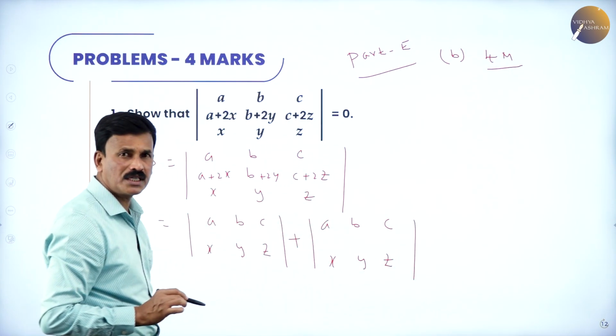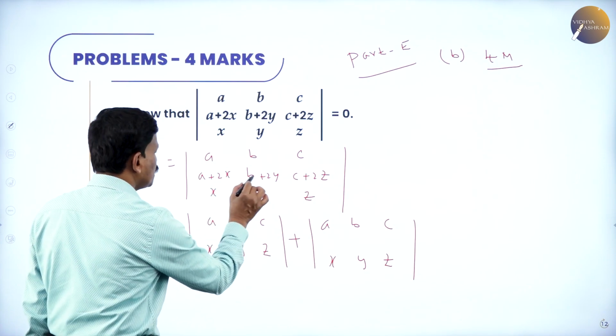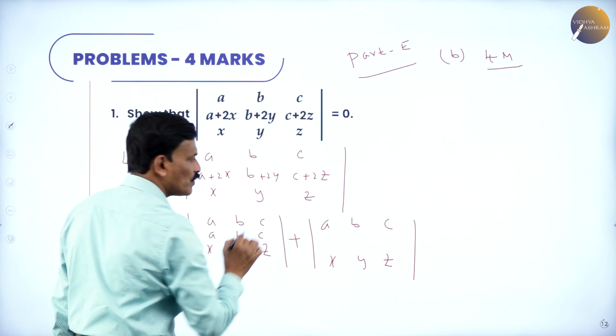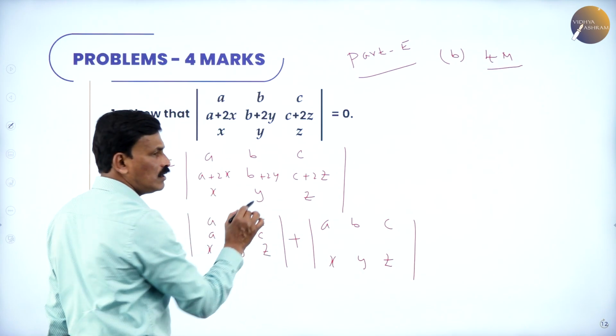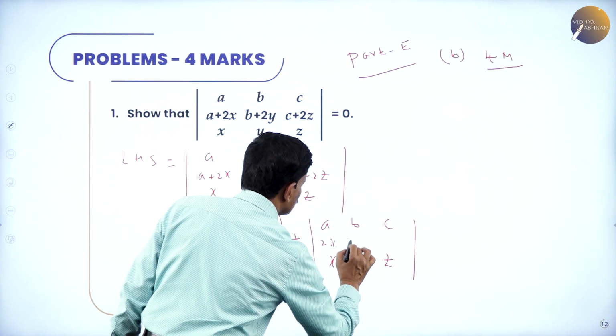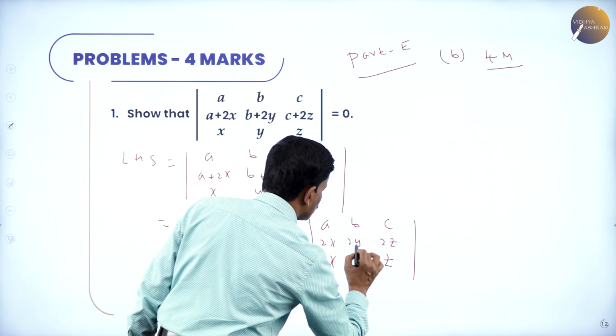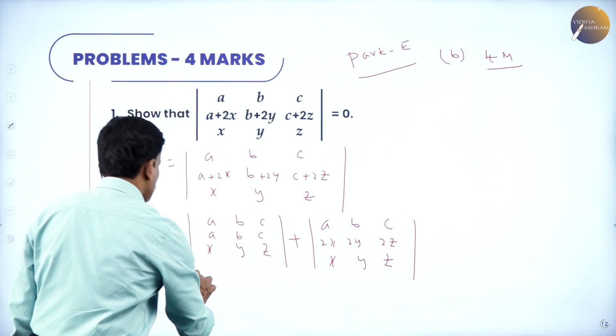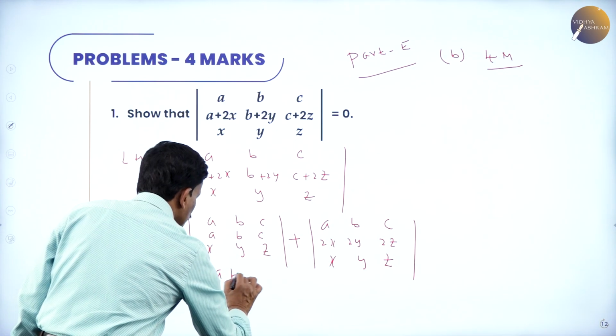Here the second row contains sum of two elements. So take all first elements A, B and C for the first determinant and all the second elements, 2x, 2y, 2z, for the second determinant. That's it.